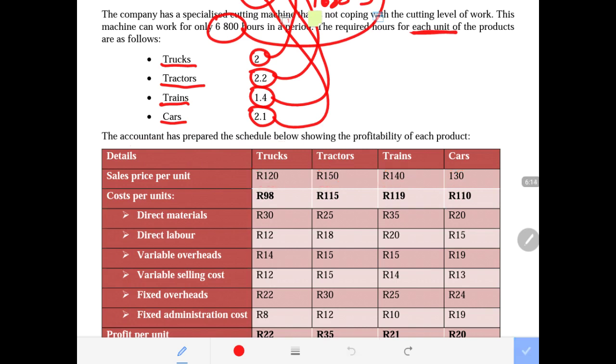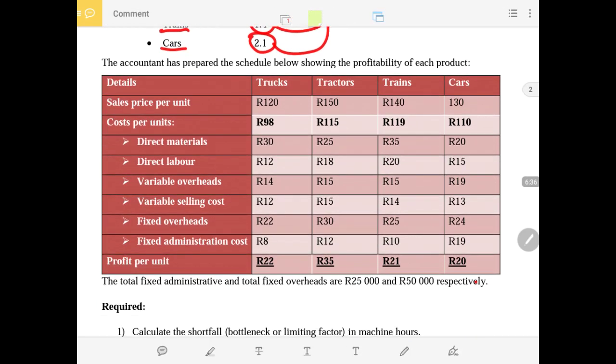Then we have the cost per unit, made of direct material, direct labor, variable overheads, variable selling cost, fixed overheads, and fixed administrative cost. We have all this cost given to us, and the minute we have this, we can determine our profit.